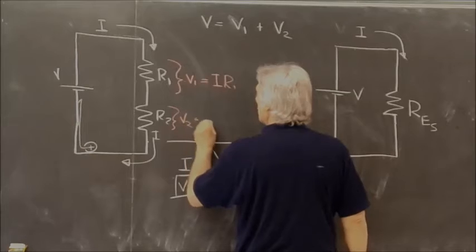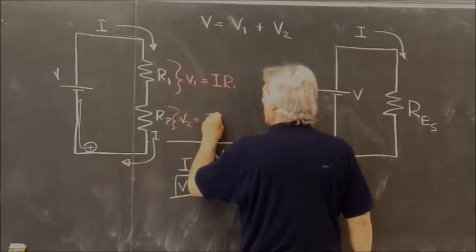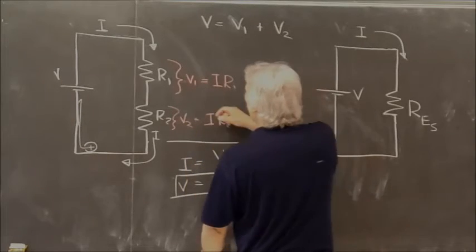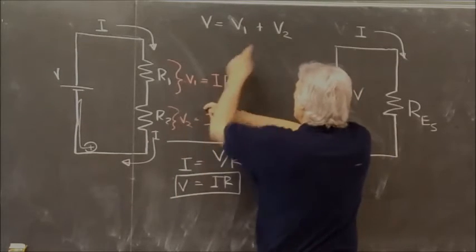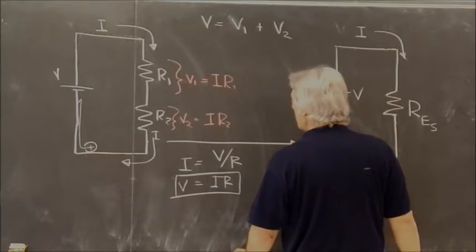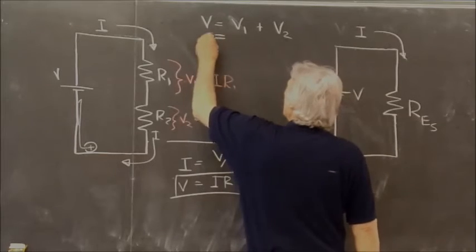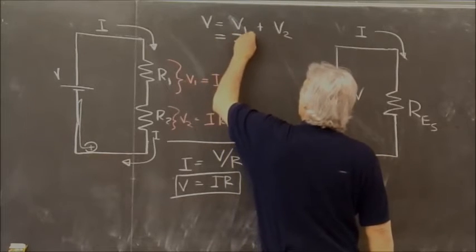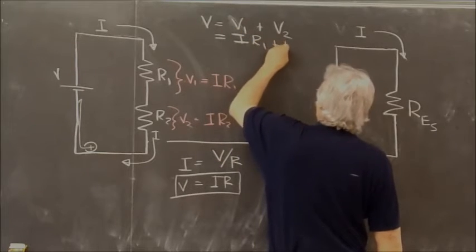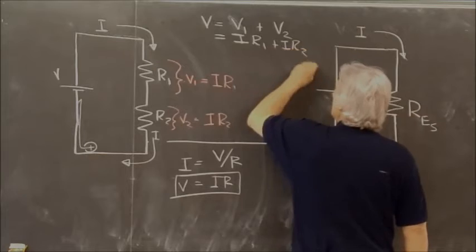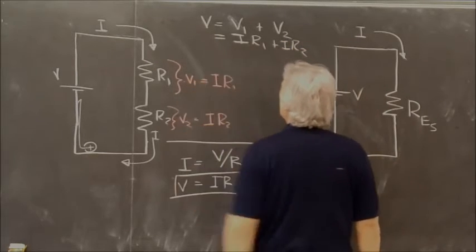V2 must equal the same I times R2. Now, we can simply replace these two values, V1 and V2, into the above equation. Watch what happens if we do so. We get I R1 for V1 plus I R2 for V2, all of which has to be equal to V.